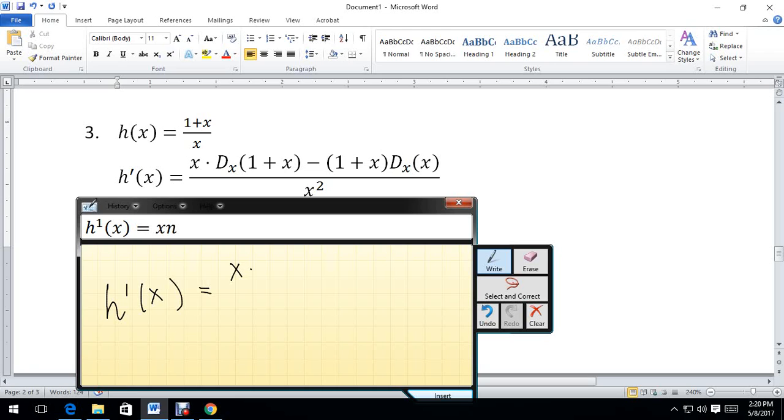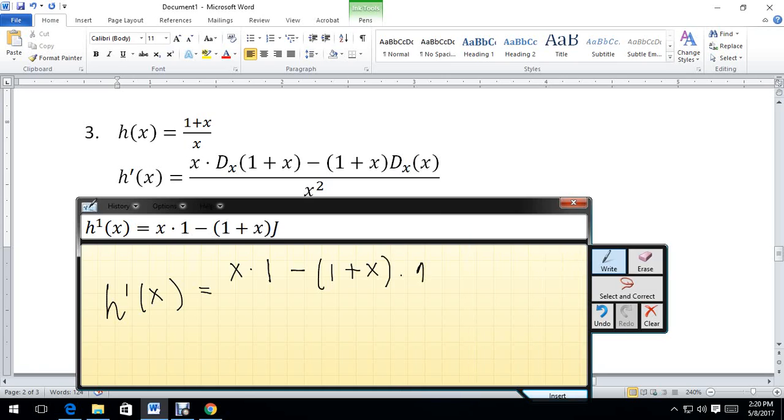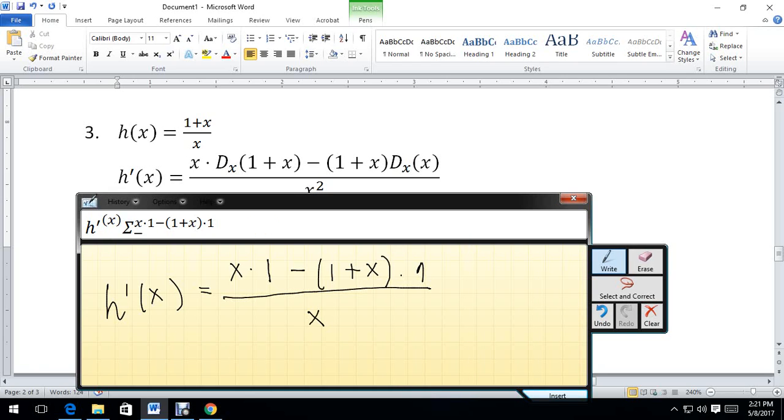The derivative of 1 here is 0, plus the derivative of x is equal to 1, so basically this is equal to 1 times x, which is x, minus 1 plus x times the derivative of x, which is equal to 1, so times 1, all over x squared.